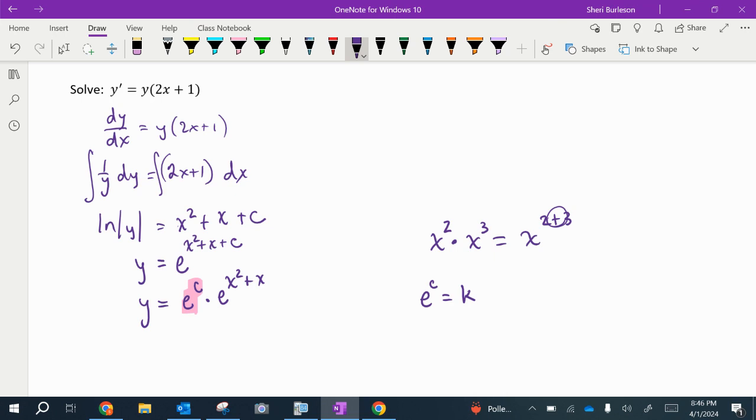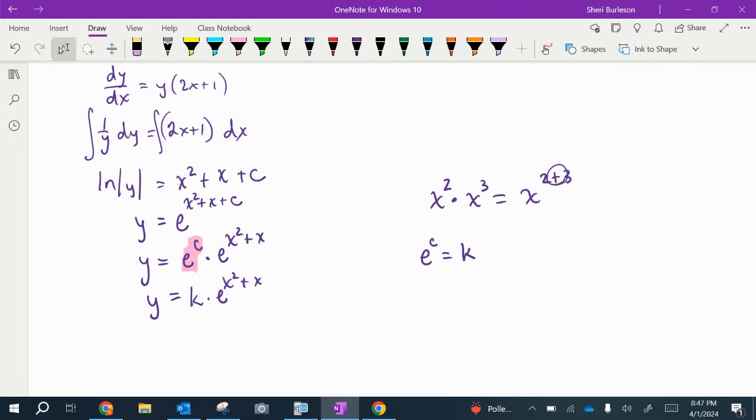So what I get here is y is going to equal k times e to the x squared plus x. So I now have just a singular constant instead of a number to a constant, and I don't need the constant added at the end of those x's.